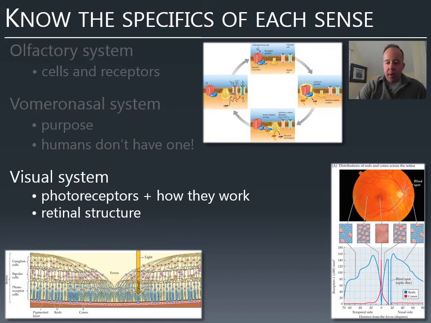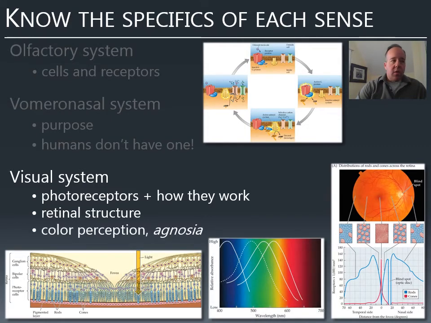Their axons bunch together into the optic nerve, and those signals get sent to the brain via that optic nerve. And that optic nerve being there and exiting the eye has consequences. The optic nerve is so big that you have that blind spot. So understand what that means for retinal structure, and understand why that's important for those retinal ganglion cells.